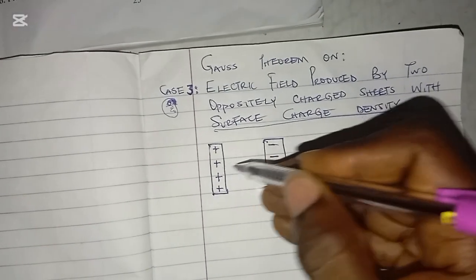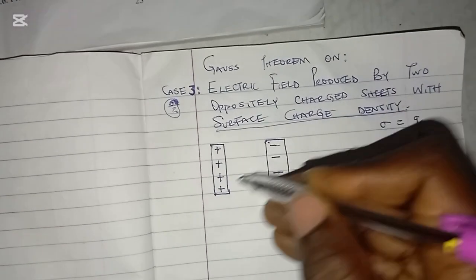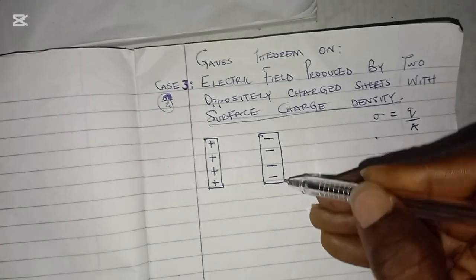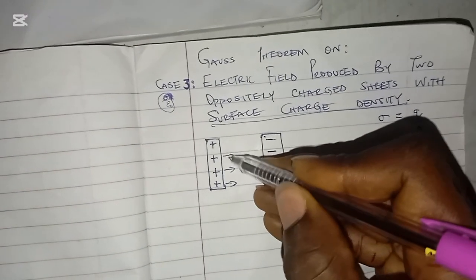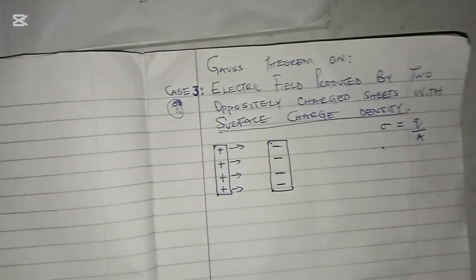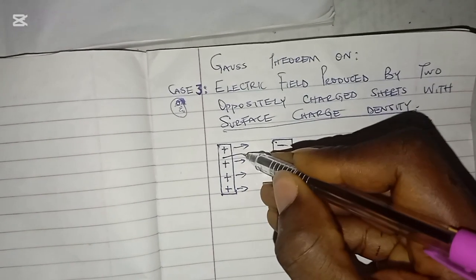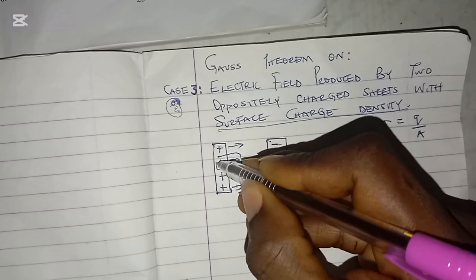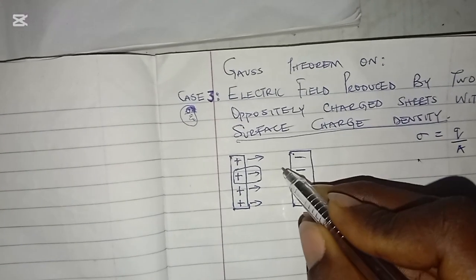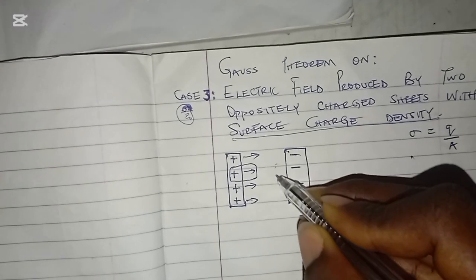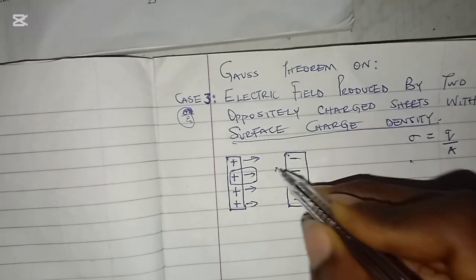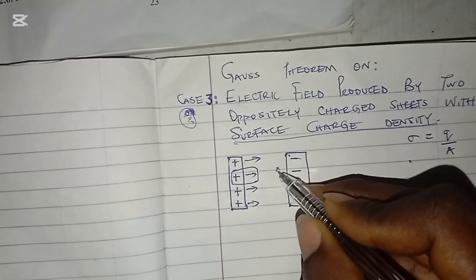So this will be attracting this one, and this will be attracting this one, while this is moving away, moving away. So in that case, if I want to draw the Gauss surface, I can choose to have something like this. If you want to, you can choose to have your own to be a cylinder. Let's say you have something like this.